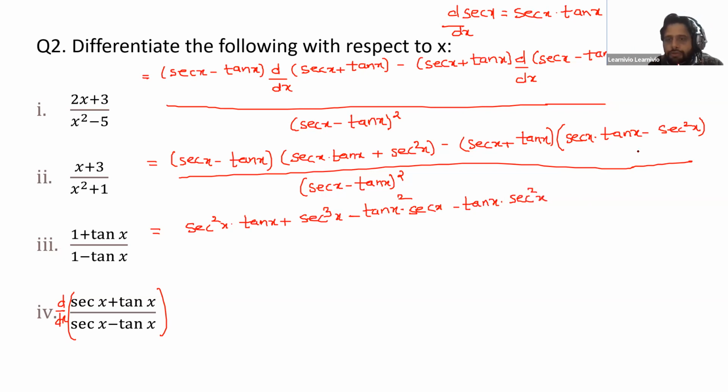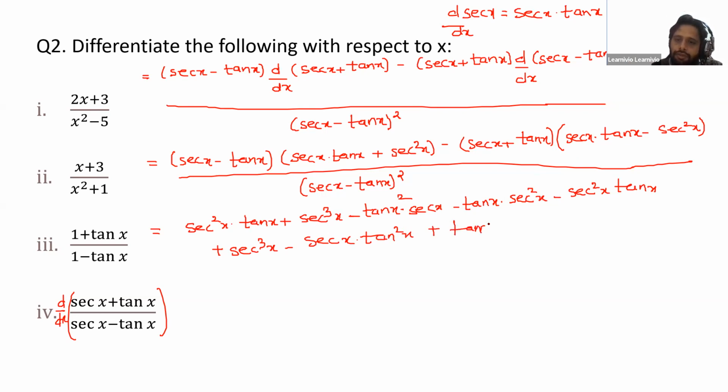Then open this bracket. Here you will get minus sec square x tan x, then plus sec cube x, then minus sec x tan square x, and here plus tan x into sec square x.